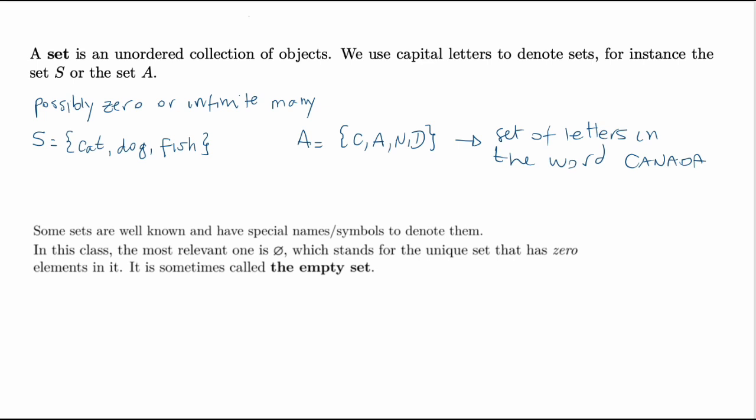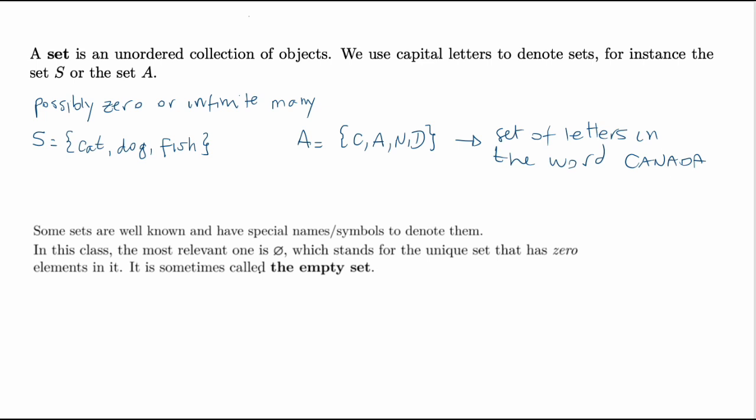In this class, the most relevant special set is the one with this symbol here, the empty set symbol. It's a circle with a diagonal line crossing it.